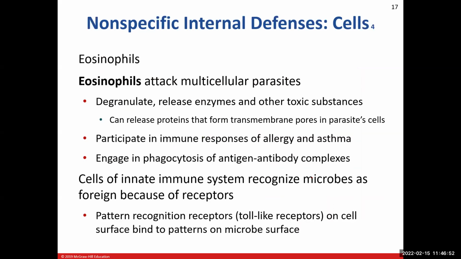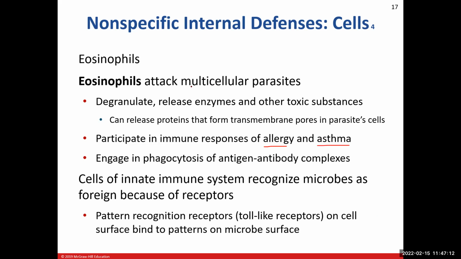Real simple. Now, we briefly talked about eosinophils when we were back in, not chapter 19, chapter 20, when we were talking about the circulatory system there. And our eosinophils, yes, we see those in high levels of people that have allergies or even asthma.